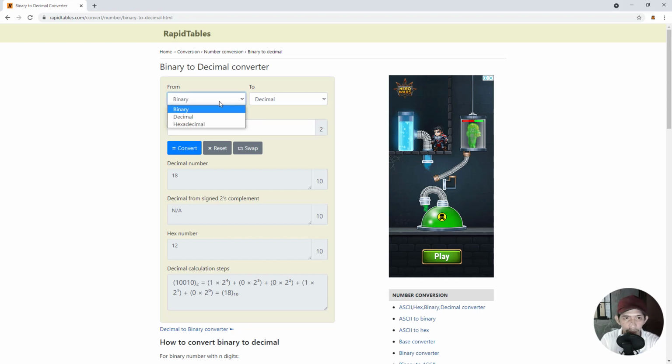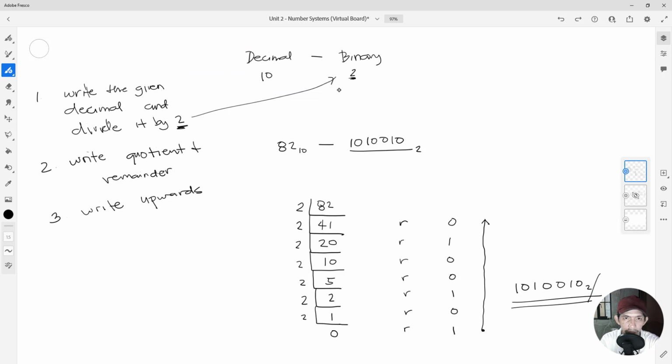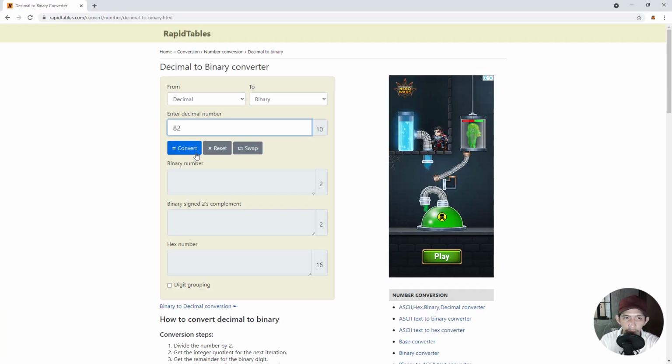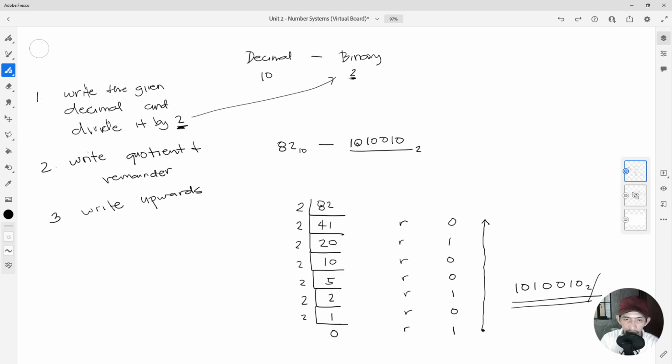So, let's convert from decimal to binary. Okay? Decimal to binary. So, 82, and then convert. Okay? So, 1, 0, 1, 0, 0, 1, 0. Magulo eh.